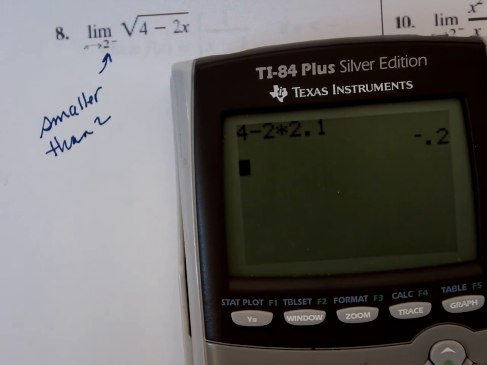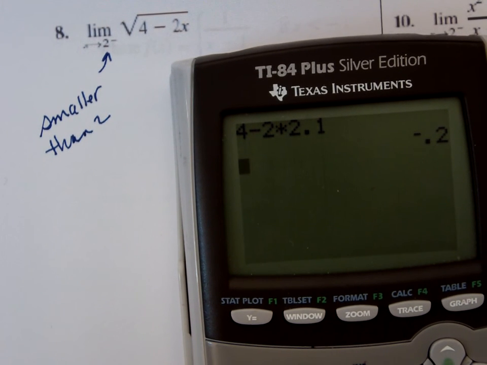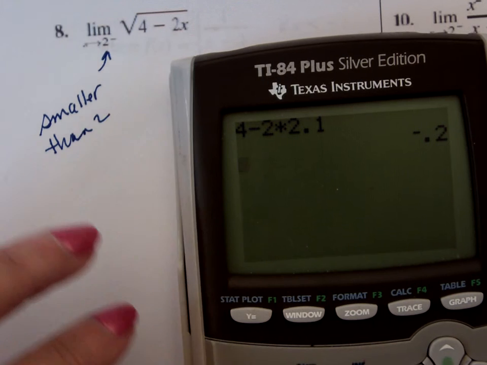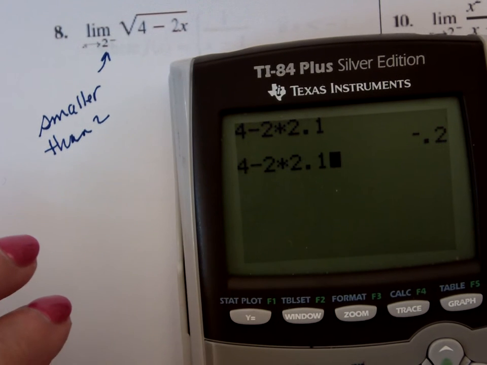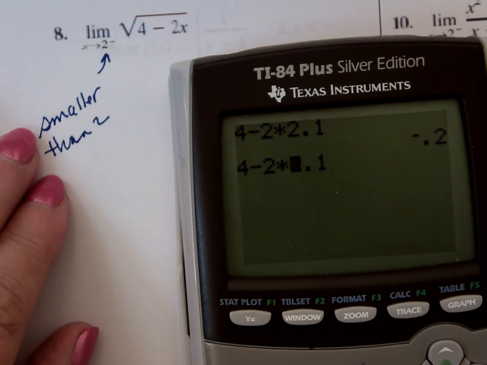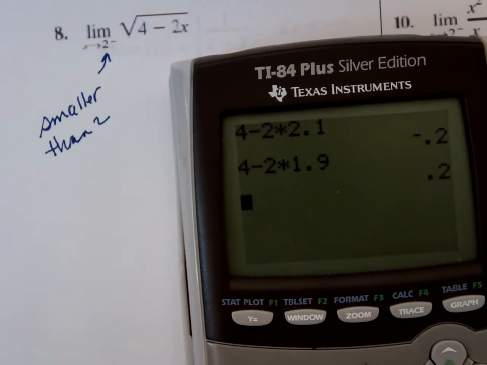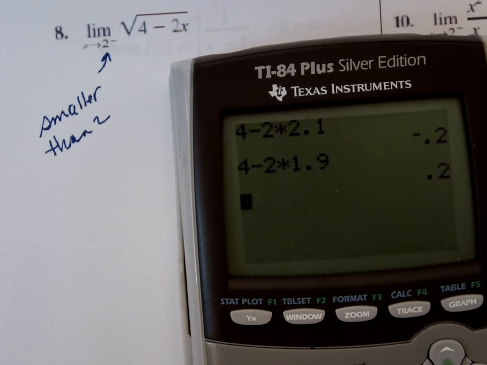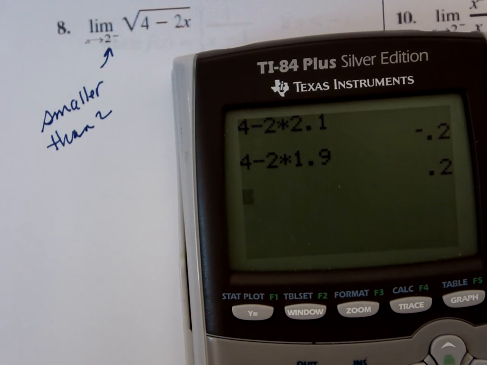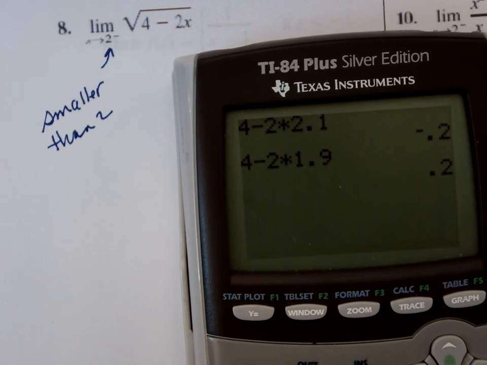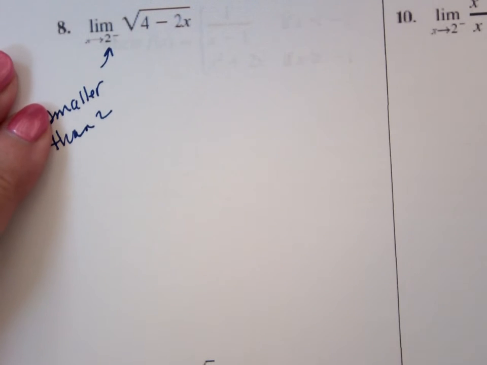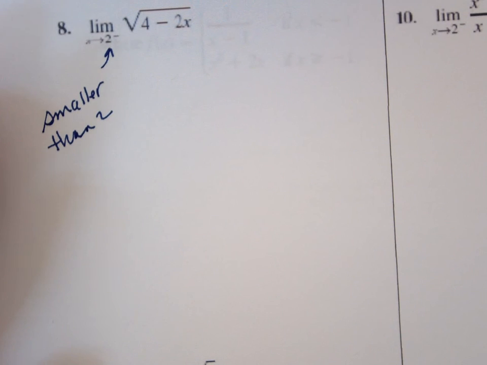I get a negative number. But as long as I'm to the left of 2, like 1.9, I get a positive number. And that makes a difference. So that's why you have to come in from the left.